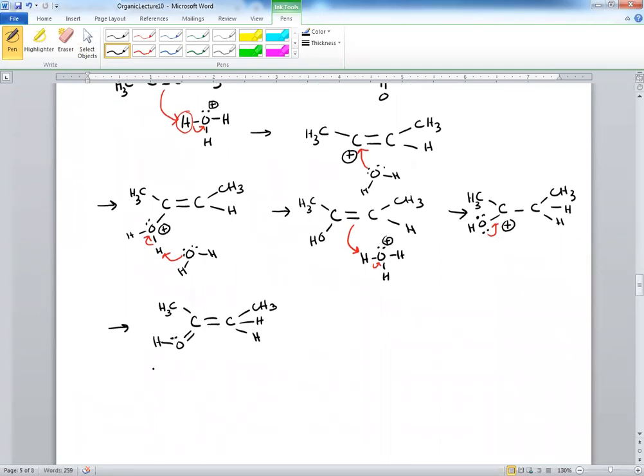So then the water molecule acts as a base where it deprotonates this H right there, forming the ketone.